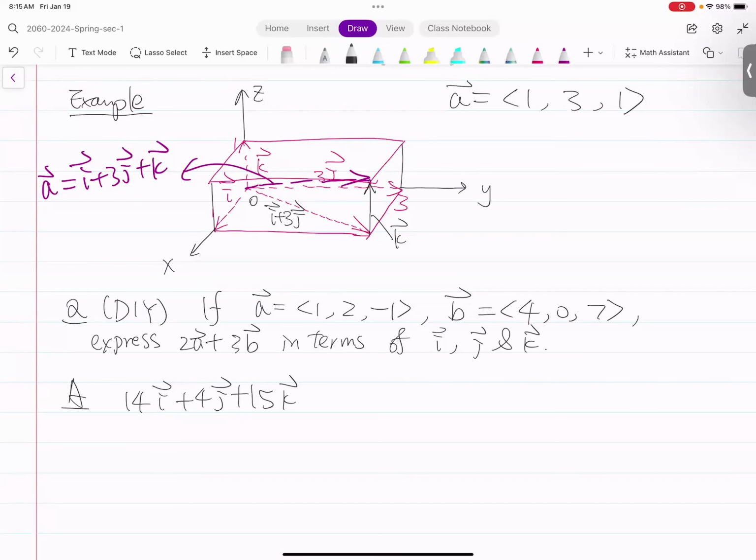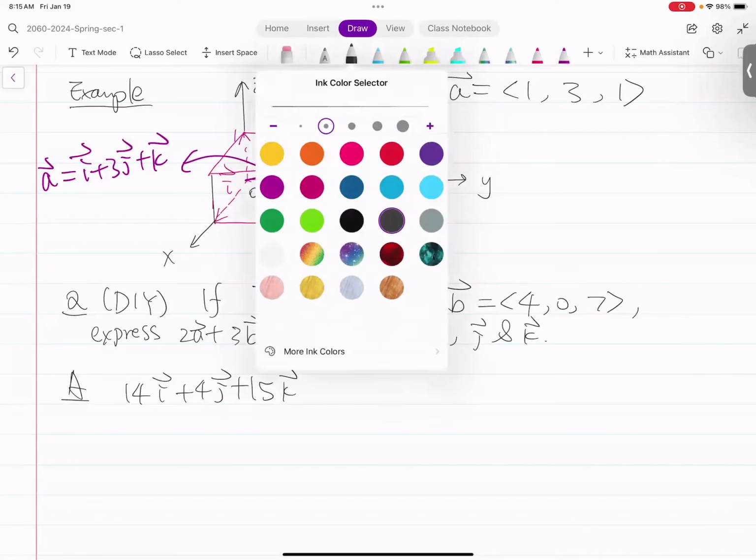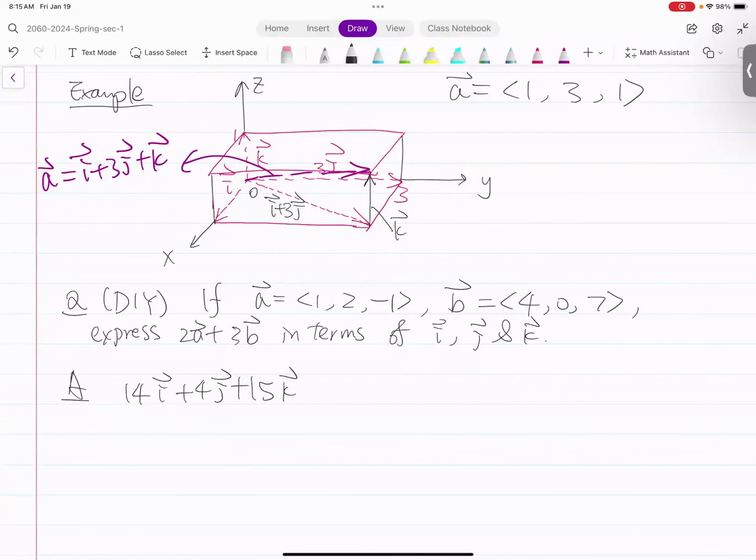Now, we mentioned that the vector has two important components. One is the magnitude, and the other one is the direction, right? So how do we calculate the magnitude? You notice that the vector is always in the purple form, where we are pointing from the origin to the location of the head of the vector, right?